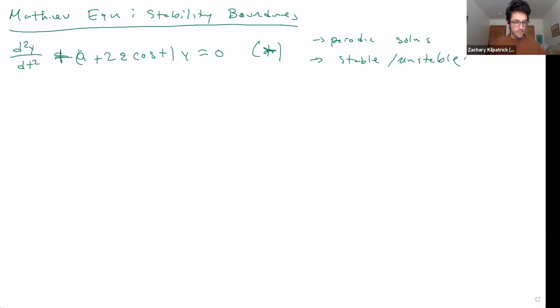But the main way we determine whether they're stable or unstable is that we perform some sort of perturbation expansion.